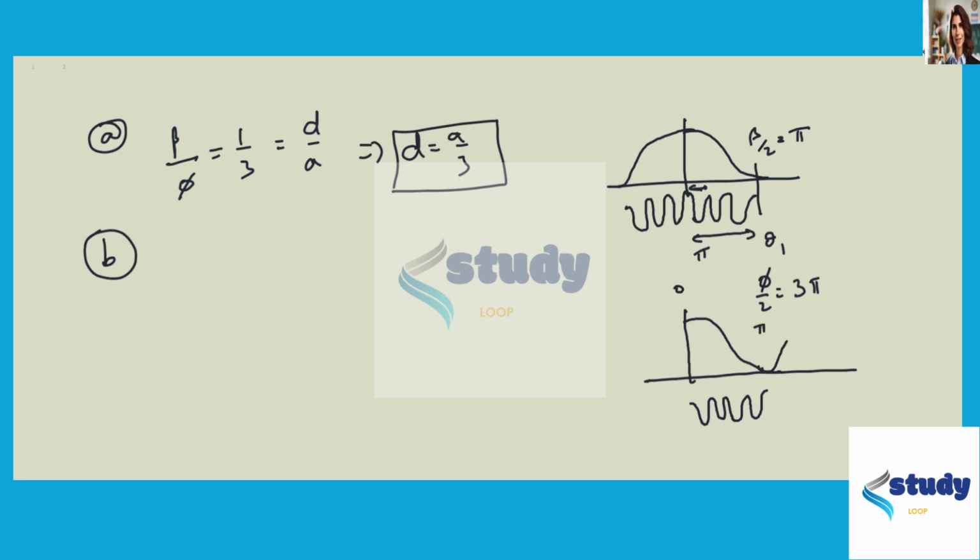Then we have our first maxima for the diffraction pattern, which happens at, we know that sine beta by 2 over beta by 2, so beta by 2 needs to be, at this point, beta by 2 is equal to 3 pi by 2.